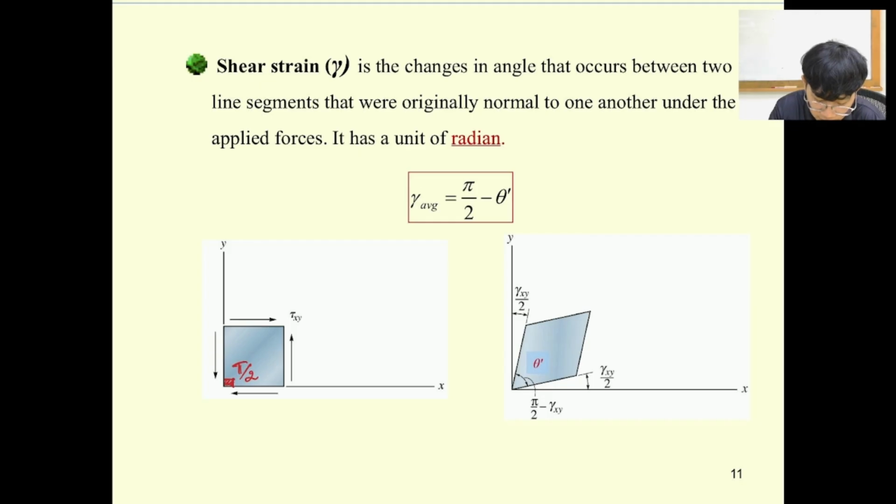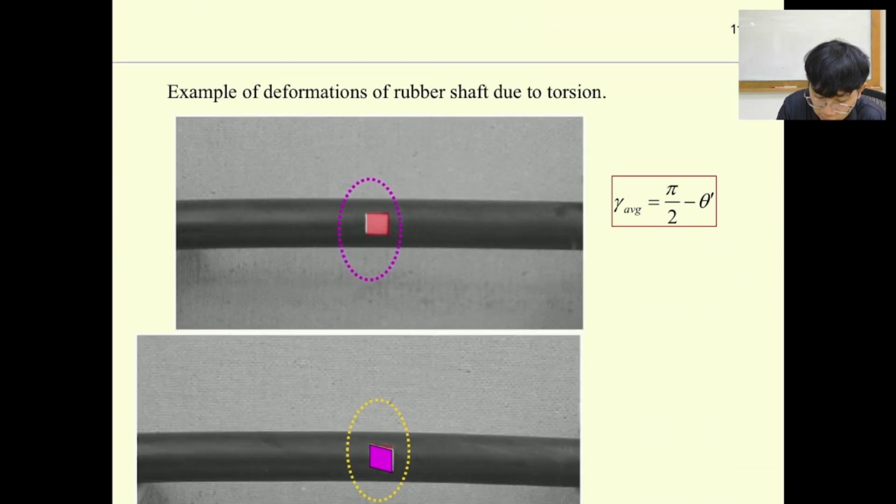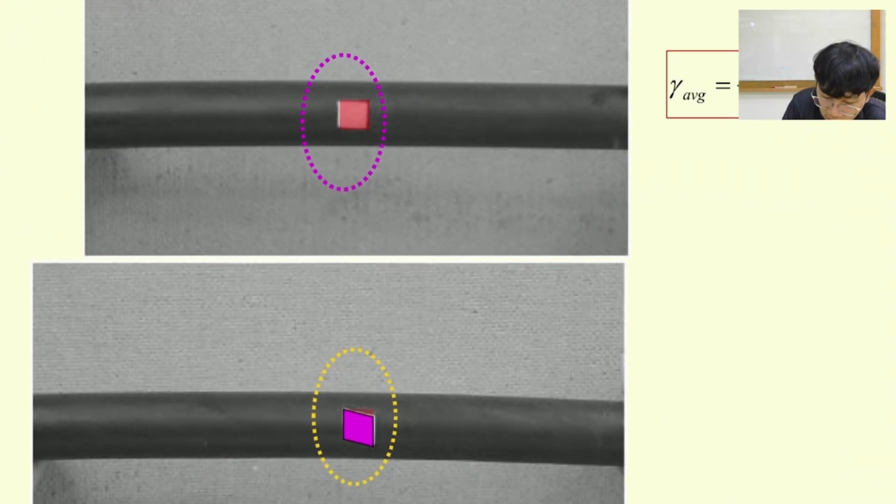But if you try to squeeze it and it produces some shear stress in your element or sample, it is going to rotate like this. So at steady state, it's going to have the angle of pi/2.